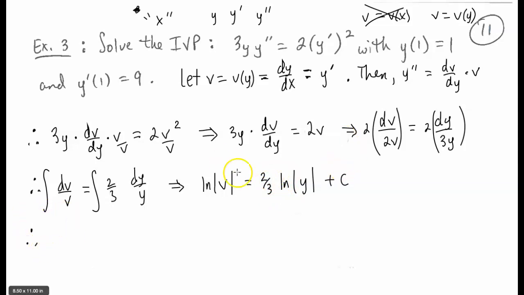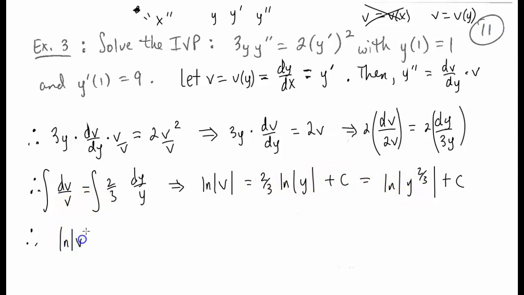Here what I could do is rewrite the right side of this to be natural log of y raised to the 2/3, using those logarithm properties. Then I'm going to subtract natural log of absolute value of y raised to the 2/3 from both sides.